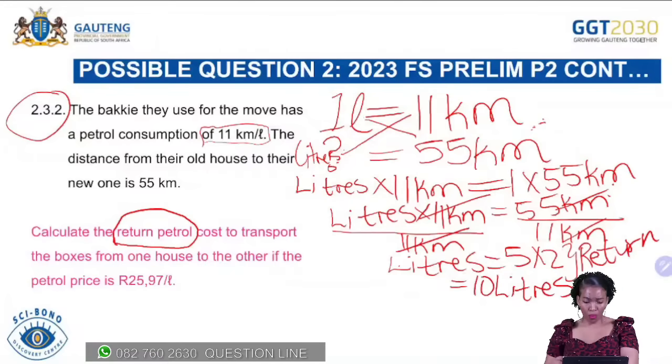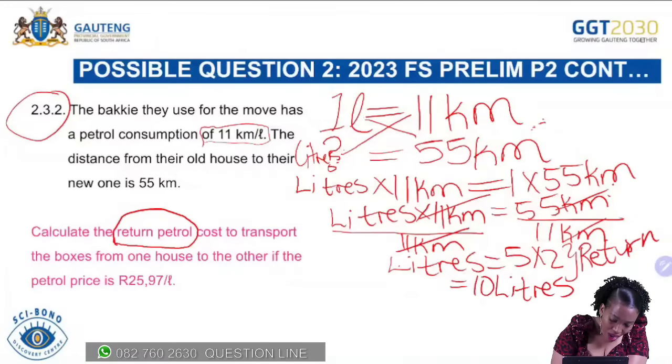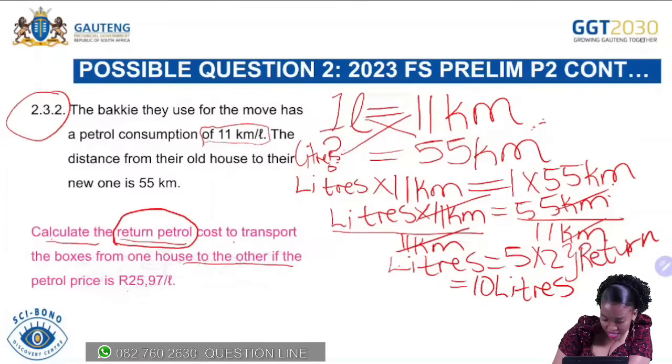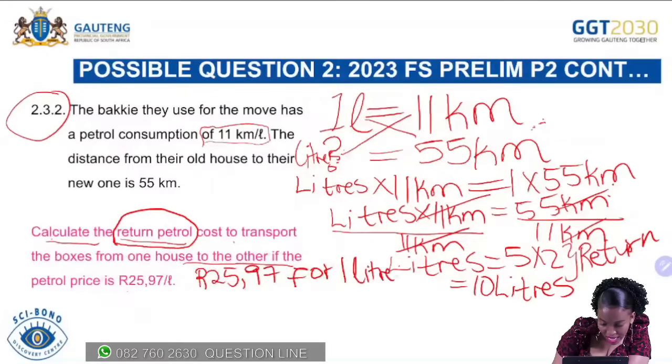But did we answer the question? They want us to calculate the return petrol cost to transport the boxes from one house to the other if the petrol price is 25 Rand 97 cents per liter. So the petrol price is 25 Rand 97 for 1 liter, and we have 10 liters.